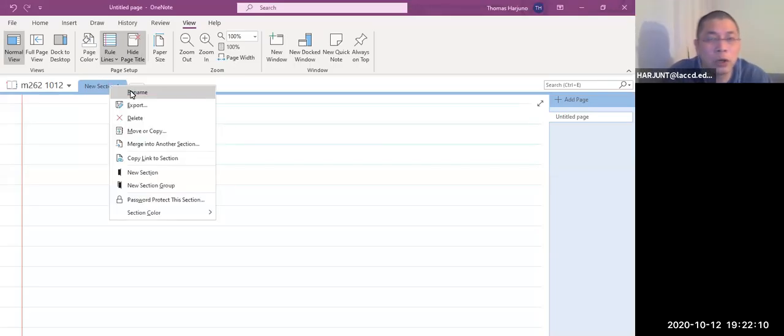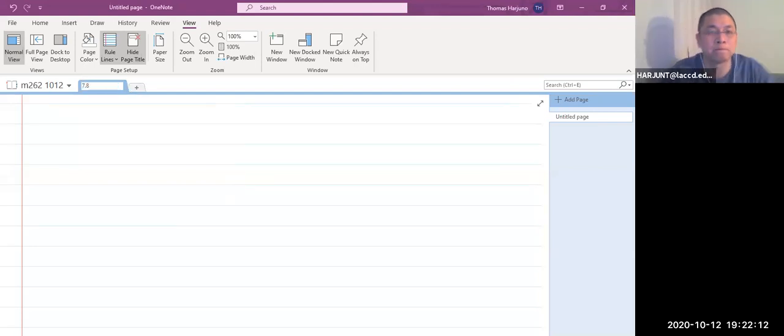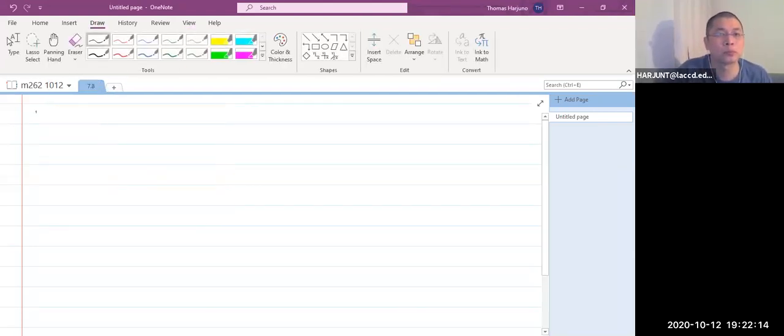Section 7.8 on improper integrals. It consists of two types of improper integrals.